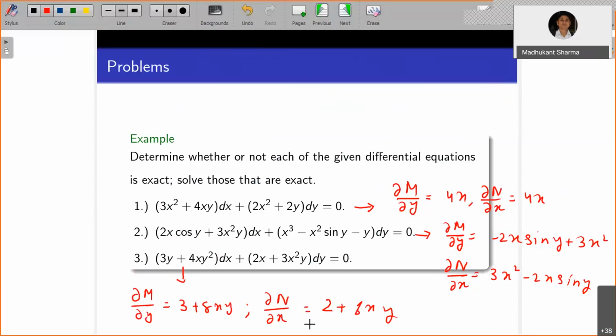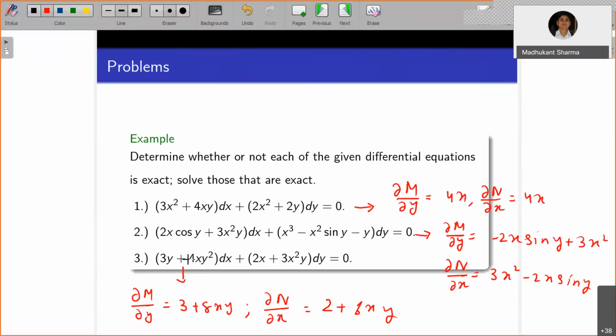Both are not equal, so this is not an exact differential equation. Now let's try with this very first thing. It's not falling into the homogeneous case. 3y is a term of degree 1, the second term is of degree 3, so M is not a homogeneous function. So there is no need to check for it.